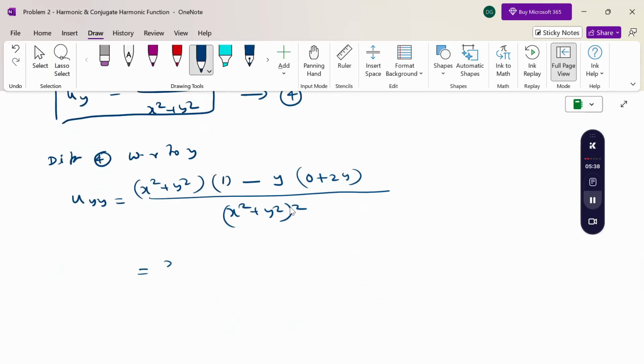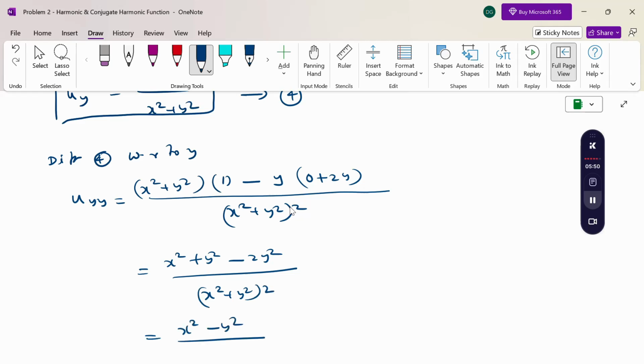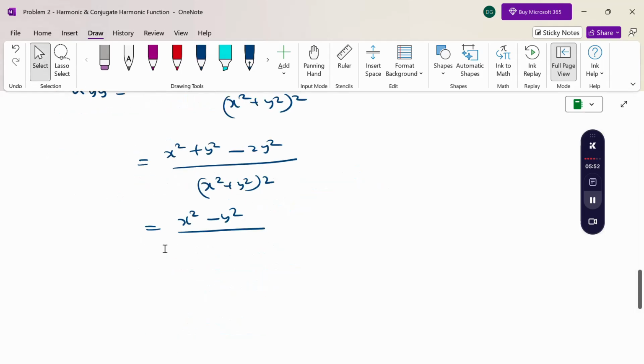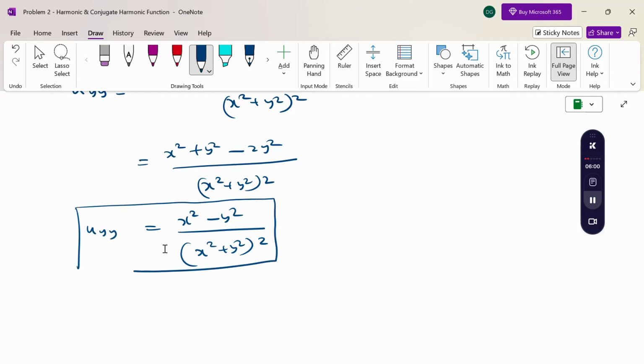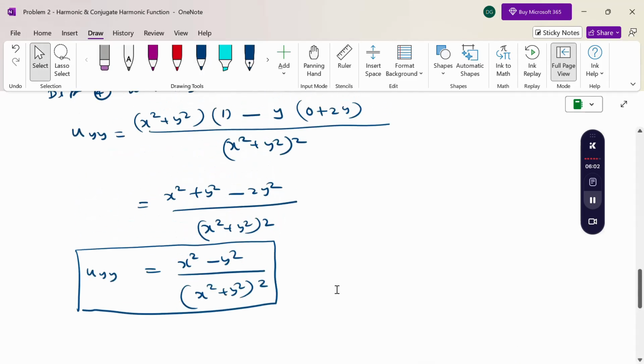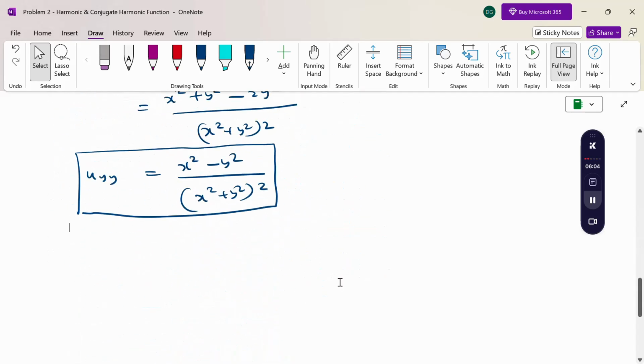Therefore x square plus y square minus 2y square divided by x square plus y square whole square. To simplify this term, x square minus y square divided by x square plus y square whole square. Now consider this as uyy. Now this is equation number 5.